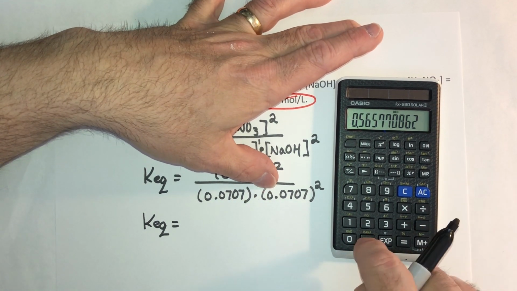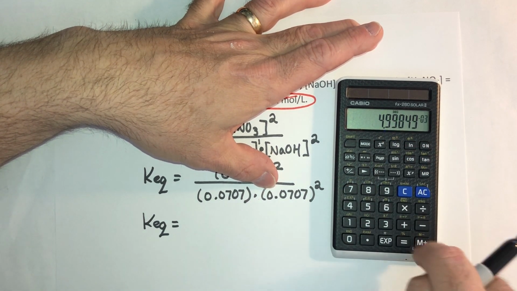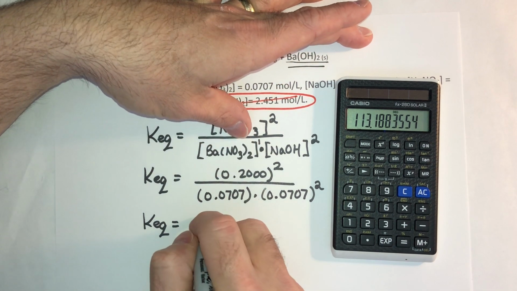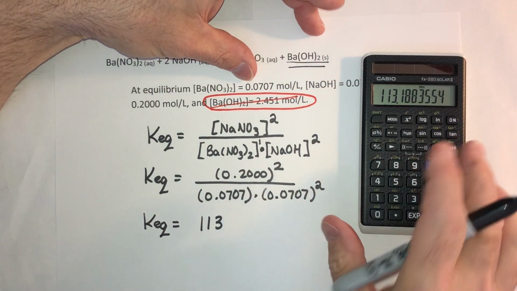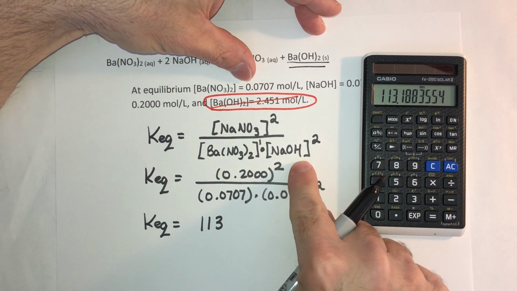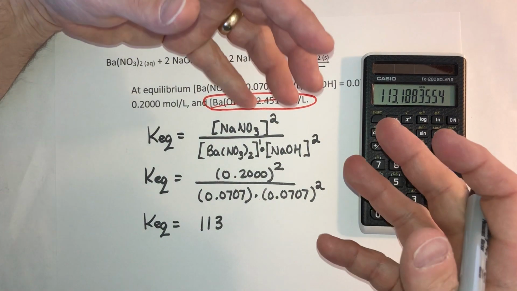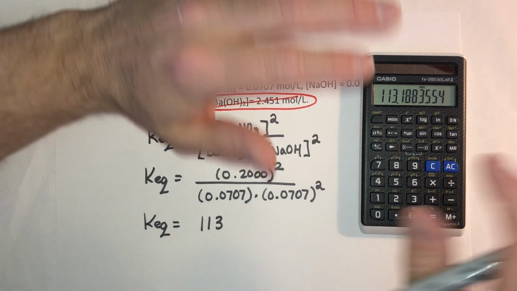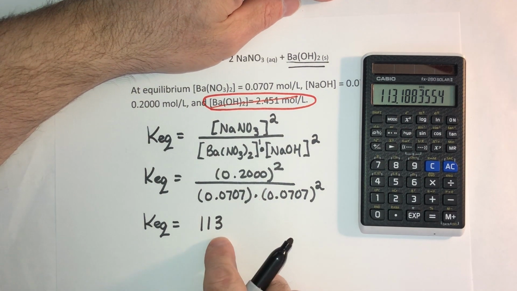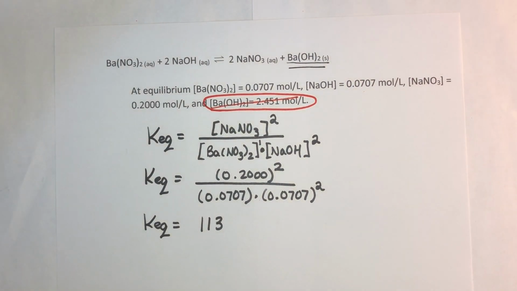Divide by 0.0707 squared equals. And that gives me an answer 113. Now, there are units because there's moles per liter in all of these, but because it'll be different from the first 2 we did, for KEQs, we tend to ignore it. So I'd call this answer 113, and that would be my equilibrium expression.